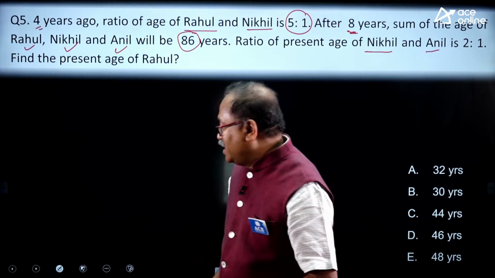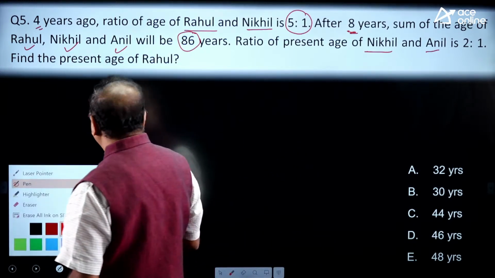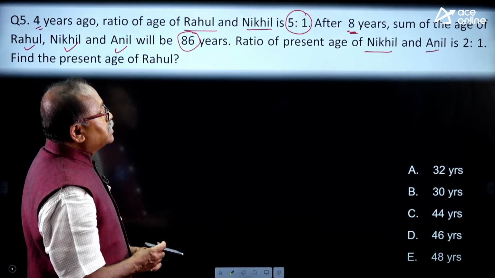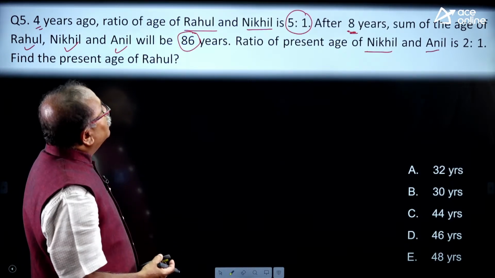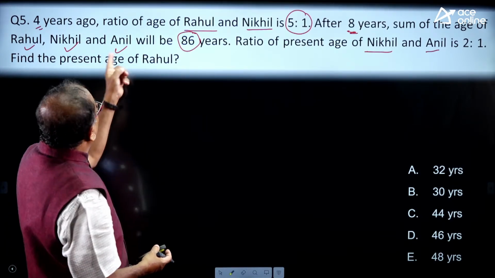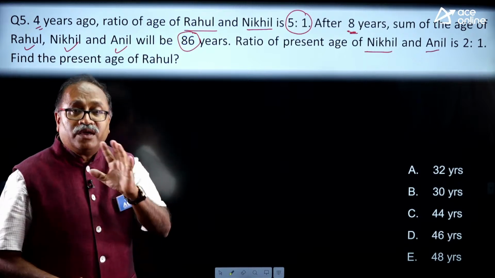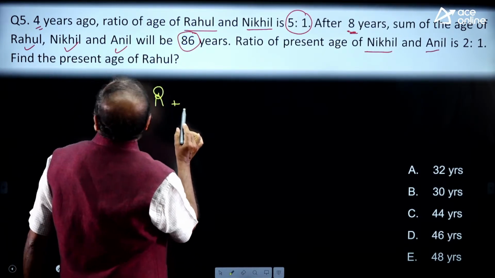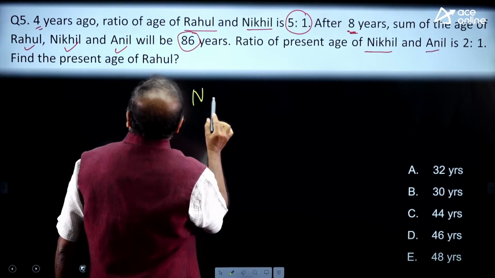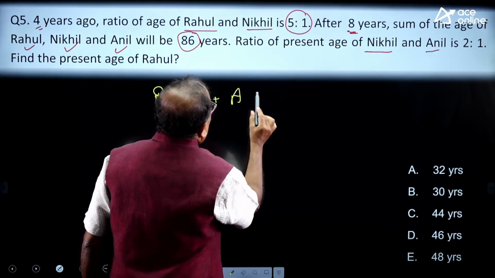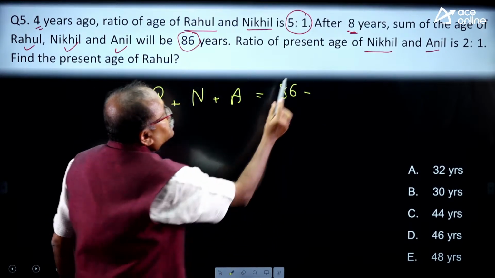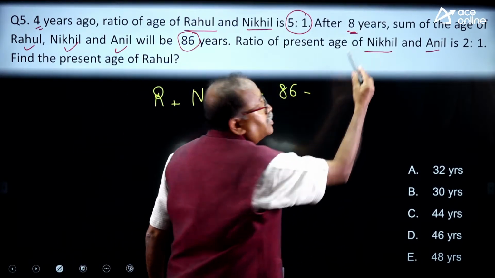That's a good question. So I will give a start and then I will give some time for you to answer the question. So what is the age of Rahul and Nikhil and Anil at present? At present, Rahul plus Nikhil plus Anil is 86 minus 8, since this is after 8 years.